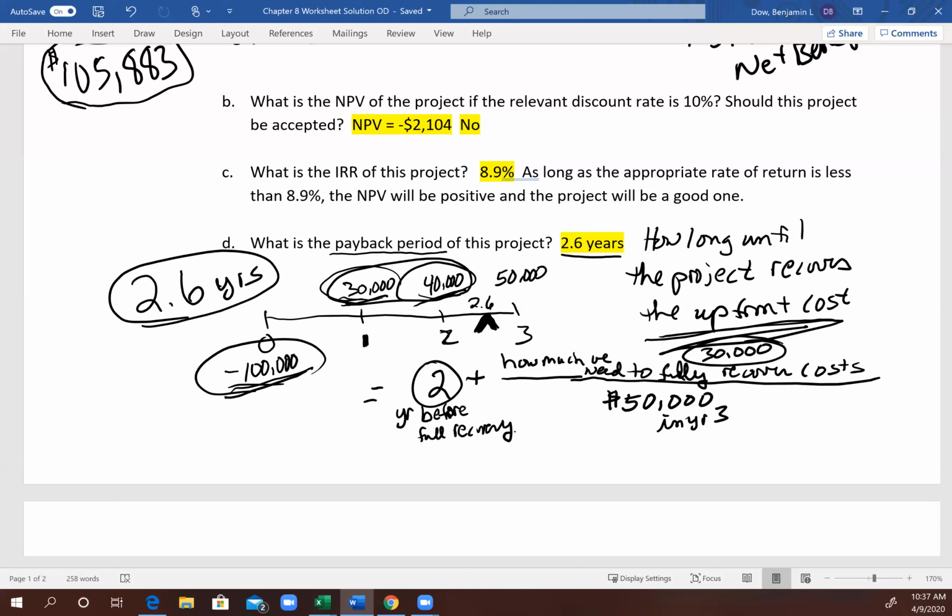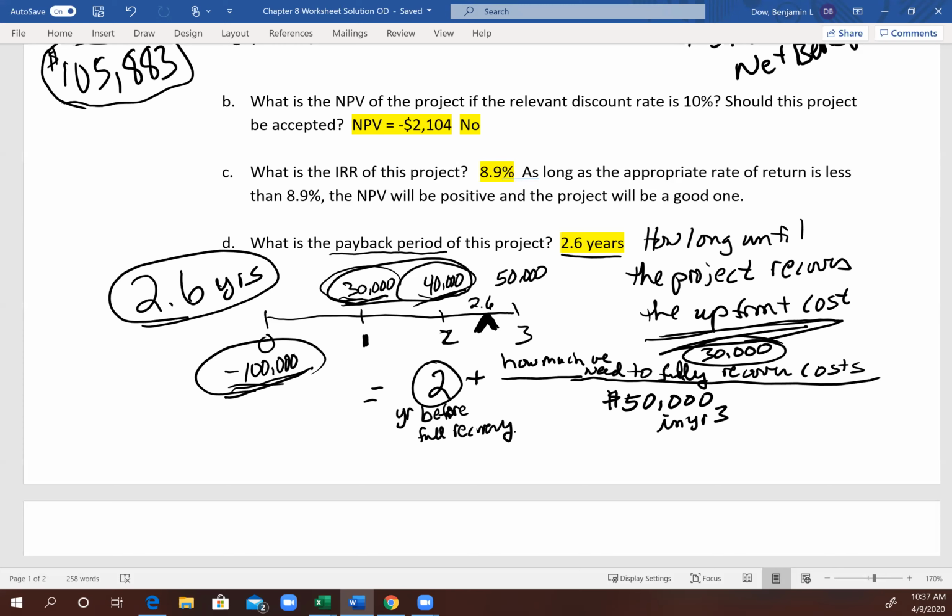Now, what we can glean from this is that projects that have a shorter payback period are usually more liquid and can have less risk. Why is that? It's because things are hard to predict farther into the future.